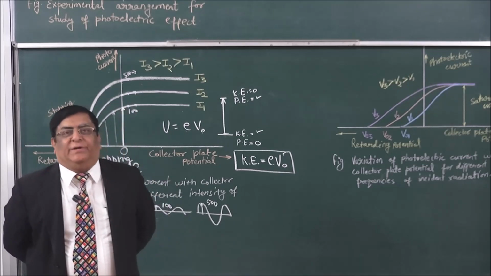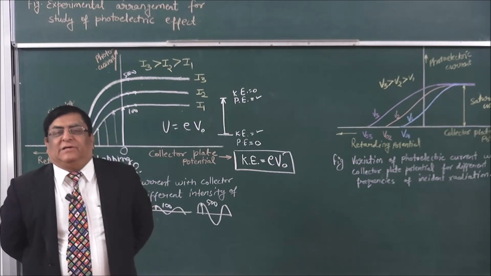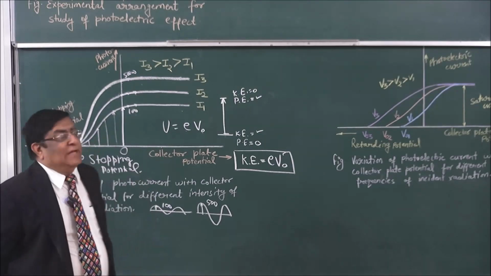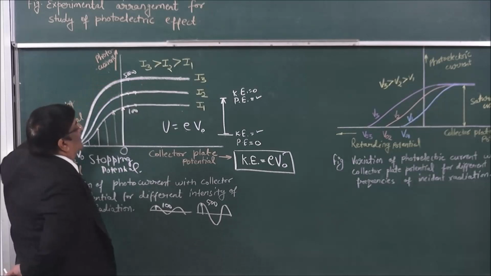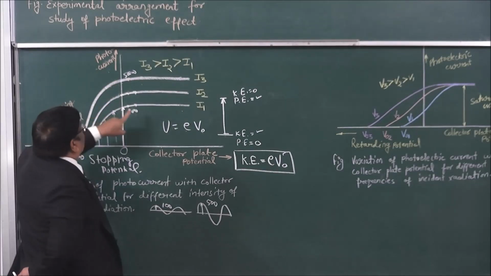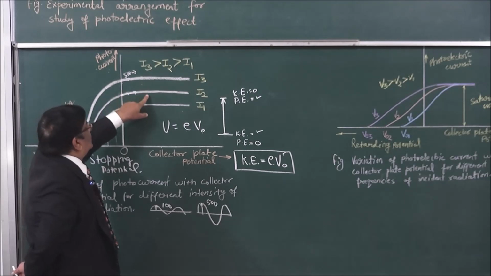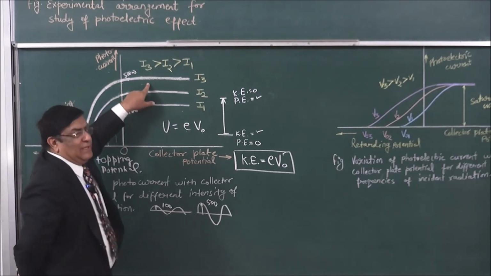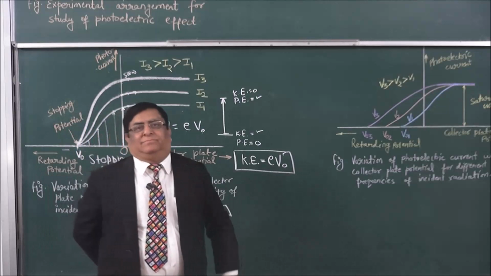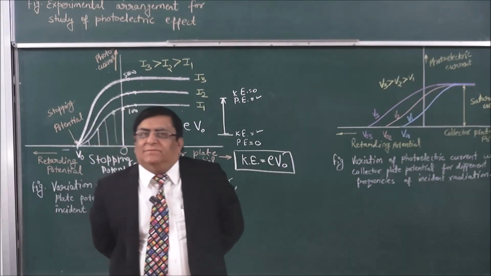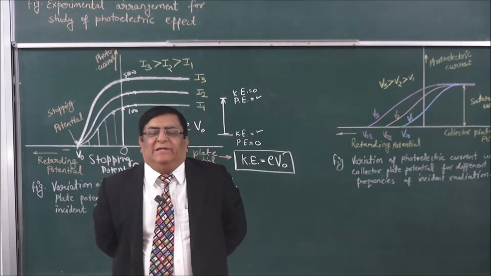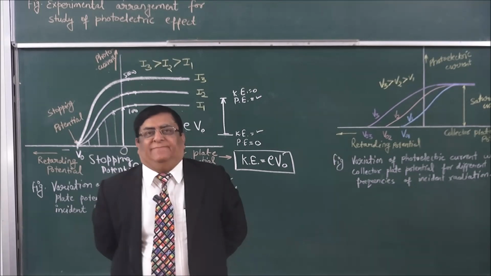But photon theory explains it. The quantum theory says that the photon which comes with the light, in case of I1, in case of I2, in case of I3, is the same. Because it has the same color, it has the same frequency.